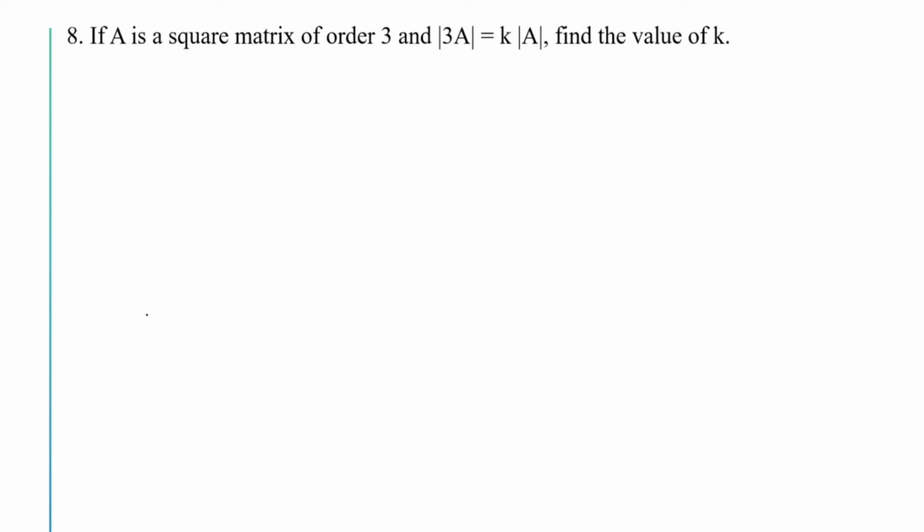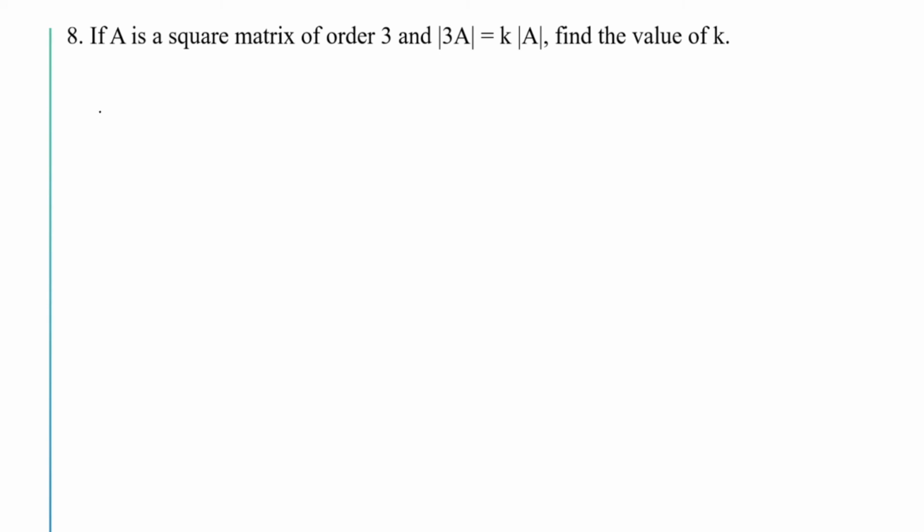Next question. If A is a square matrix of order 3 and determinant of 3A is equal to K into determinant of A, find the value of K. So it is given A is a square matrix of order 3.